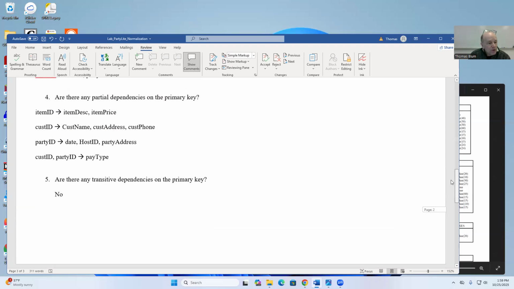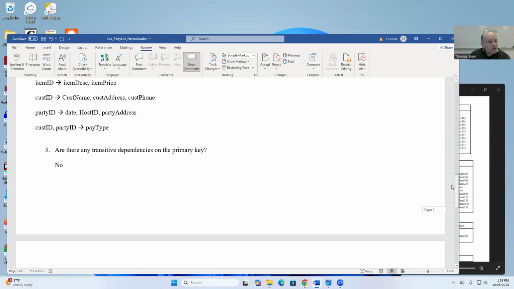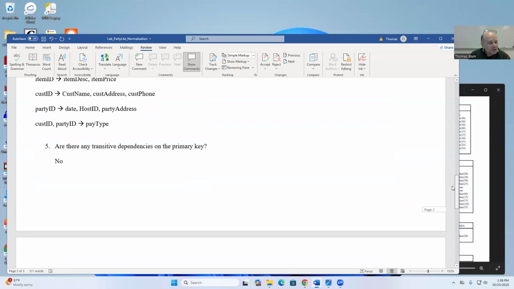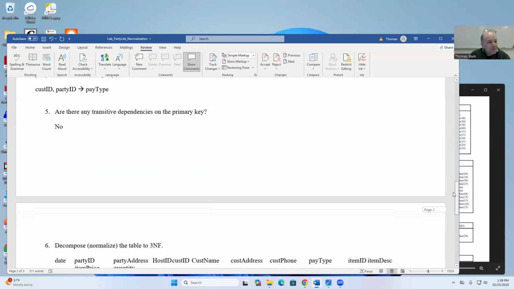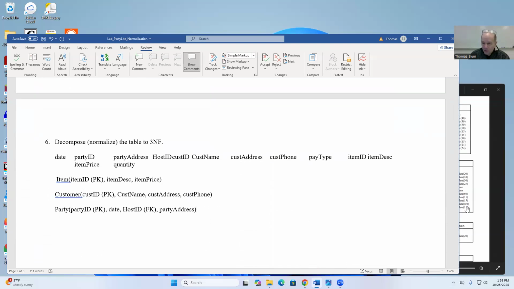Okay. What are we looking for? We pulled out item, we pulled out customer, we pulled out party ID. We're pulling out customer party pay type. And this is what I'm going to call order.